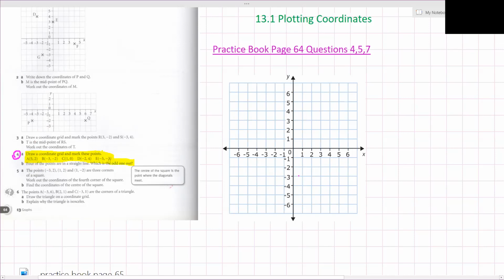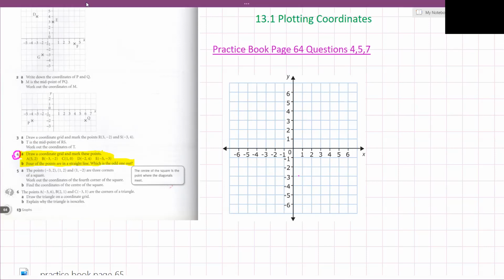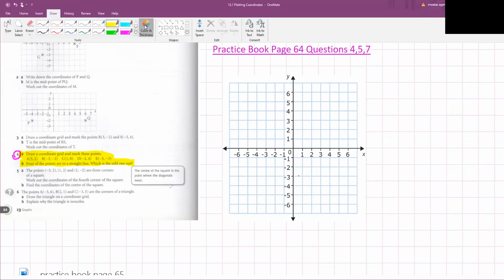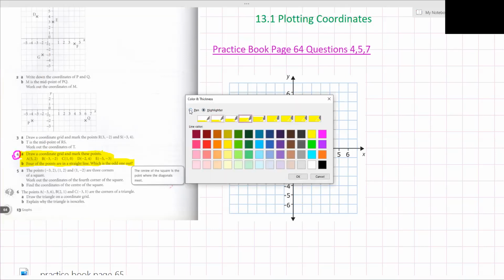Okay, so first we have to plot the points. Let's go together and plot the points.